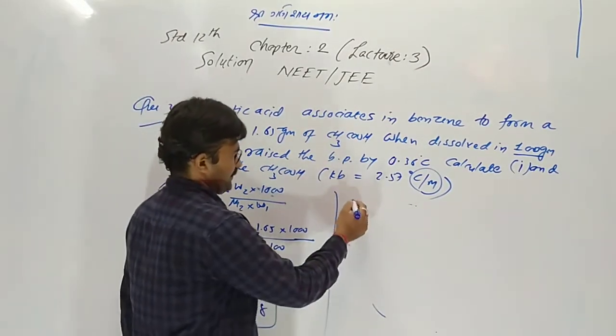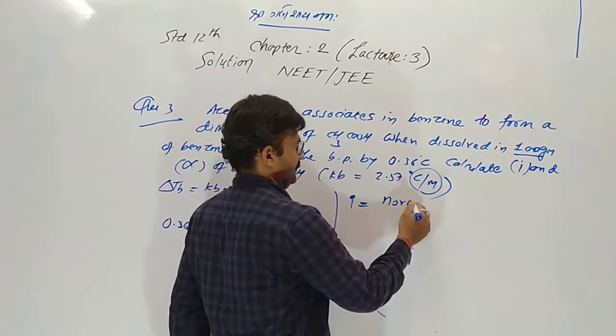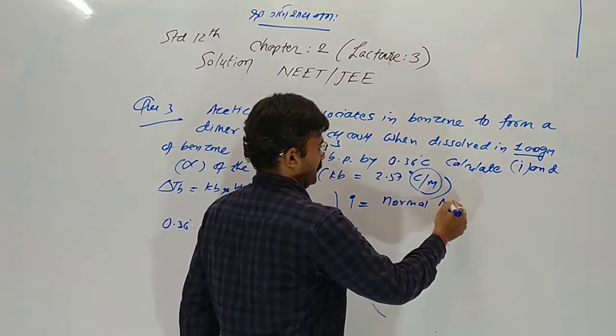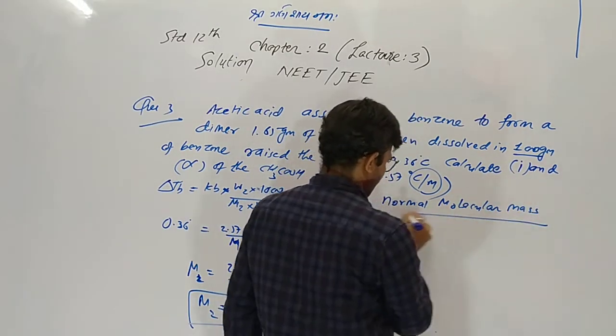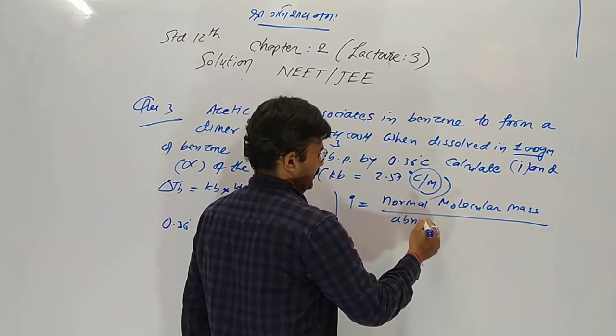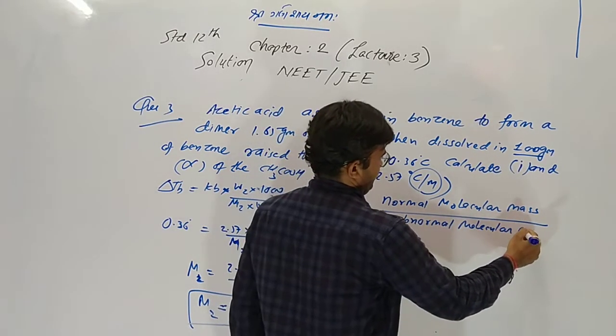And we know the van't Hoff factor is equal to normal molecular mass upon abnormal molecular mass.